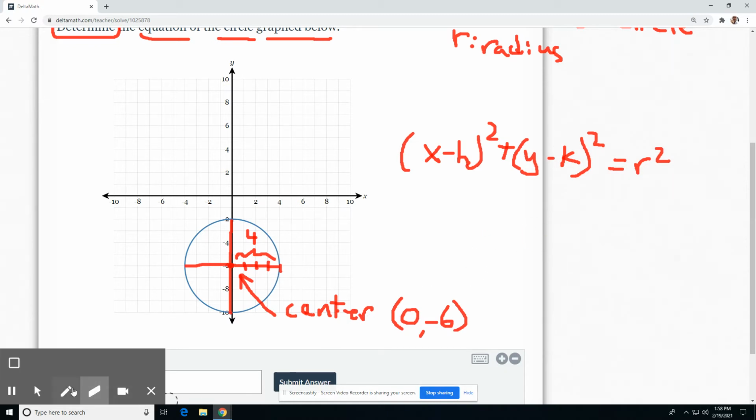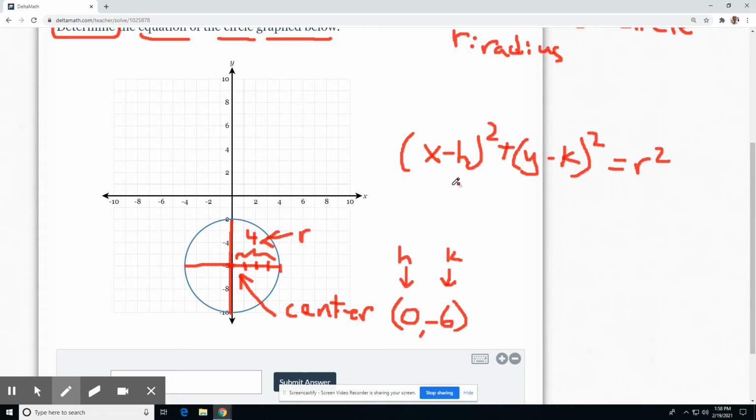So plugging it into this equation. So h is the x value. So there's our h, there's our k, and then there's our radius.